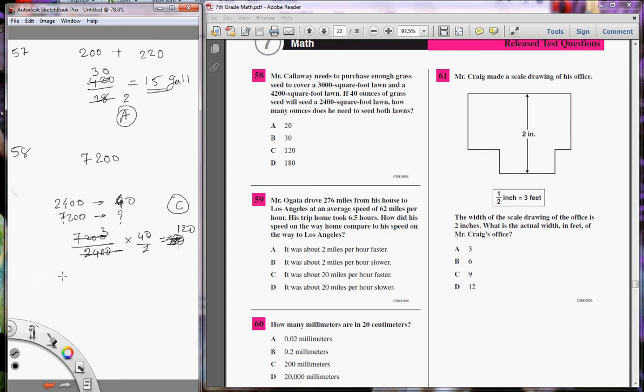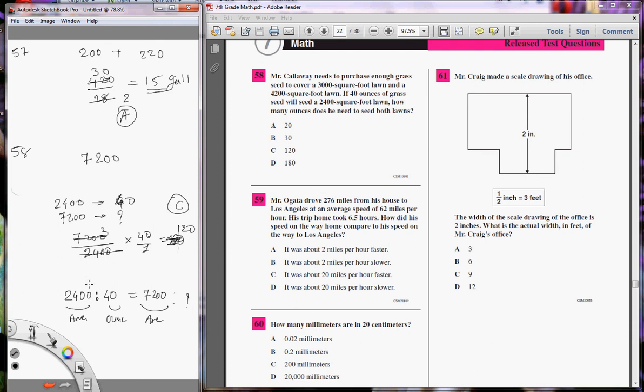Another way to think about this question is as a ratio. To cover 2,400 you need 40 ounces. So this is area, this is ounces, and this one is missing.